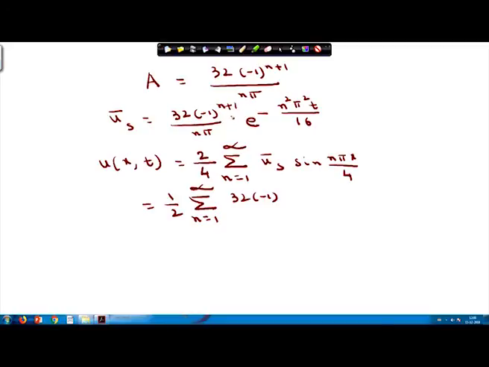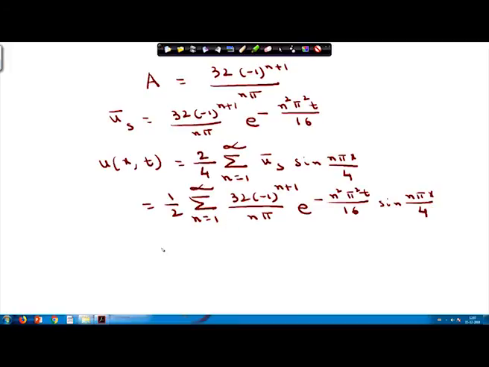Please note this, u bar s will be 32 into minus 1 to the power n plus 1 by n pi into e power minus n square pi square t by 16, into sin(n pi x/4).